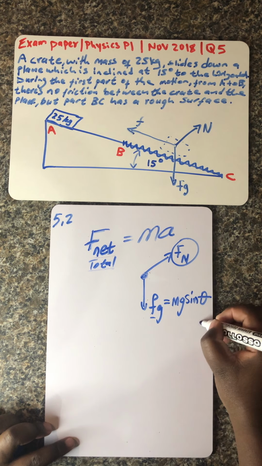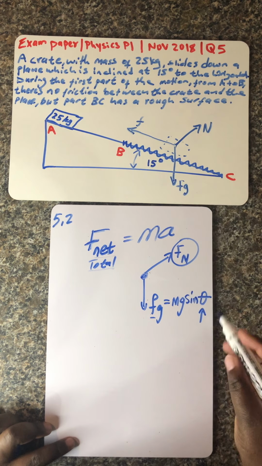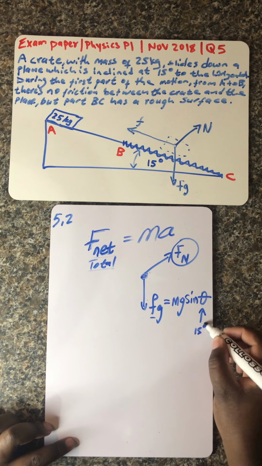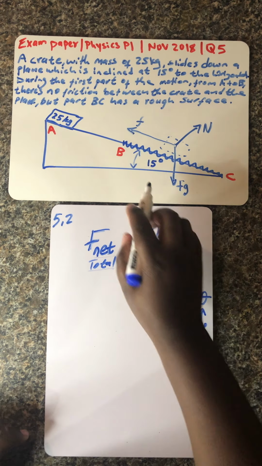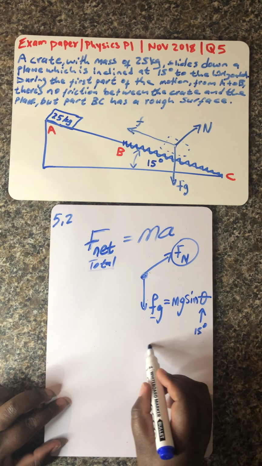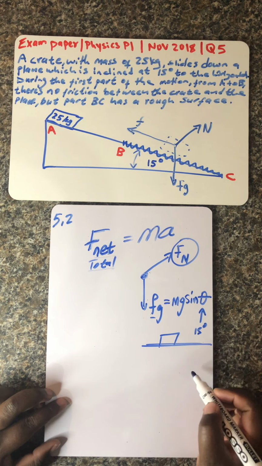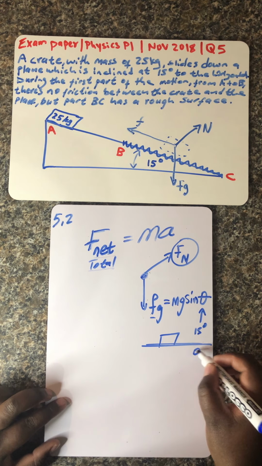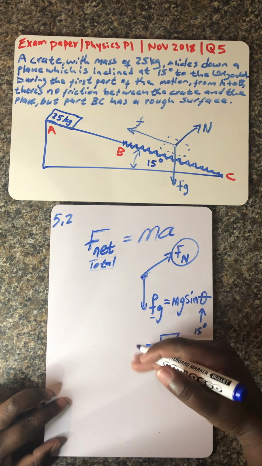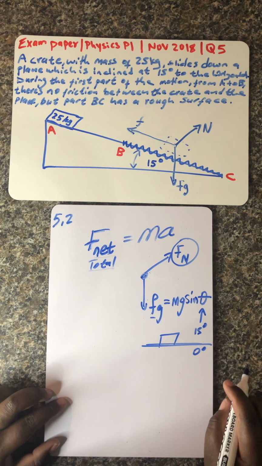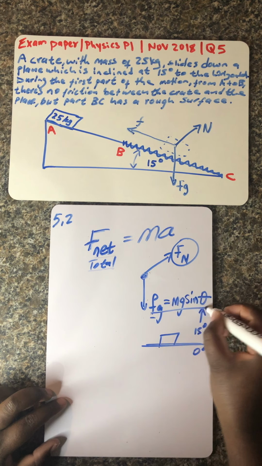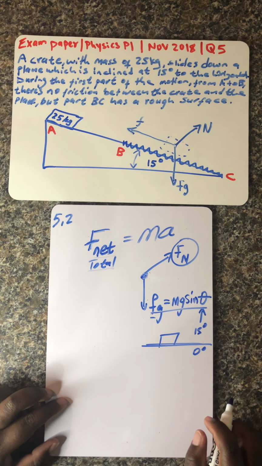Theta refers to that angle, which is 15 degrees in this case. Even if there was no angle, let's say that object was moving on a horizontal surface, that means the angle is 0 because there's no angle of inclination, it's just horizontal. The formula doesn't change, guys, the formula remains.